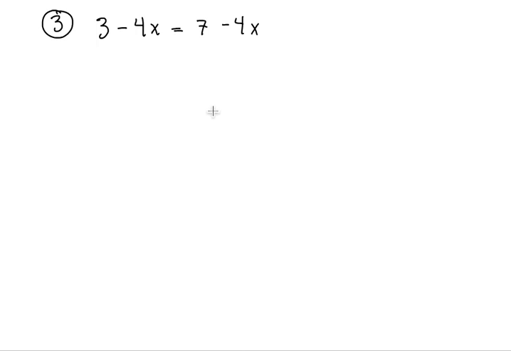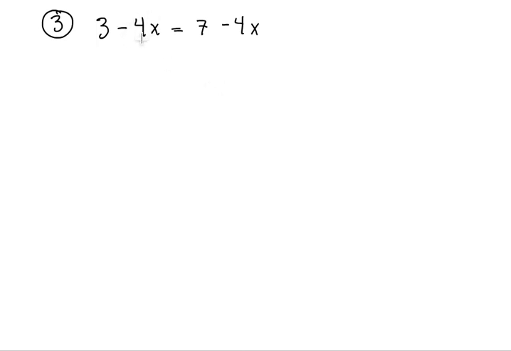A lot of times, students stay as far away from the variables as possible, so they cancel out that 3 first, which you can. I find it more helpful to get the x's by themselves first, and then you save yourself a little bit of work.